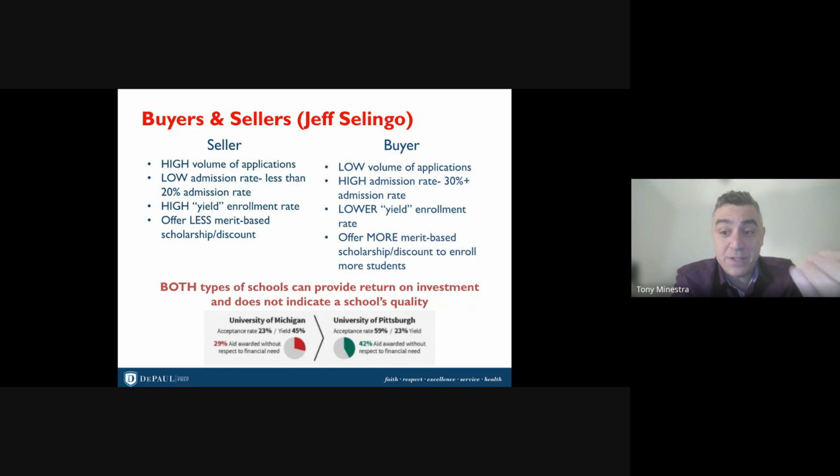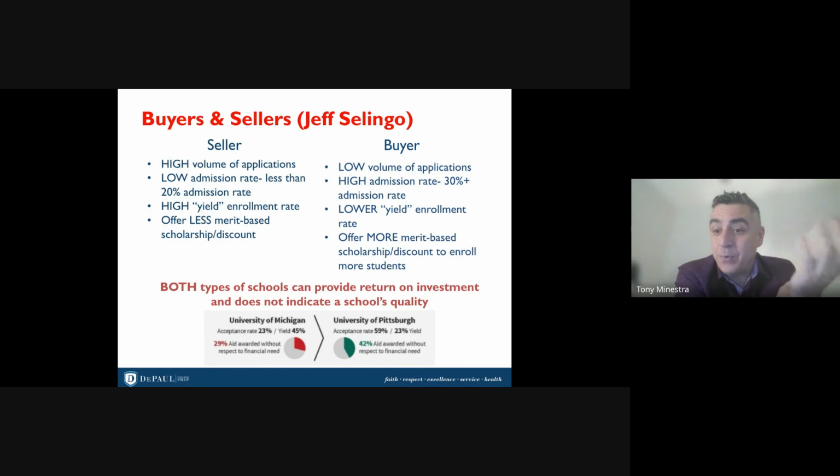Now, admissions offices love this, right? They don't have to continue to recruit throughout the school year. They have a much tighter window on who they're admitting, and they're attracting and enrolling a majority of the students that they're accepting. That's a seller, right? Because of that reason, sellers are not inclined to offer merit money all that often, right?